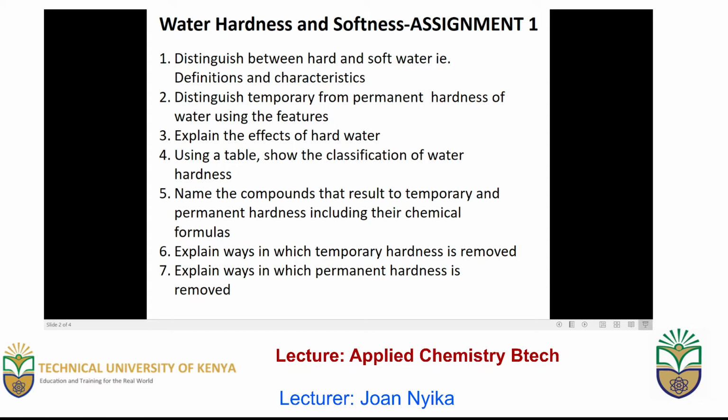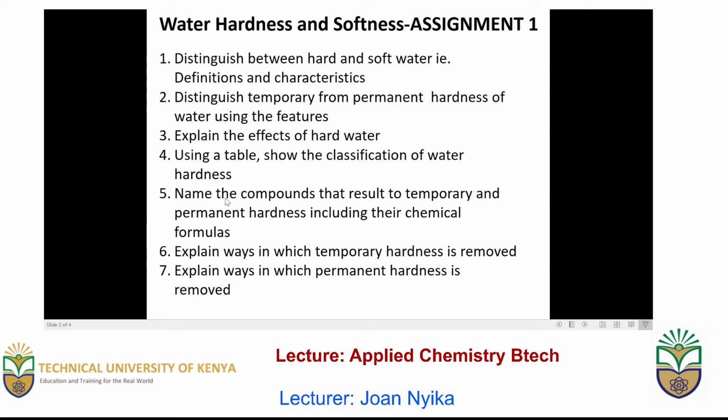Some of these classifications have been done by the World Health Organization, the European Union, and the USGS, the United States Geological Service, and you will find some of their classifications with what you refer to as not hard water, slightly hard, considerably hard, or very hard water.